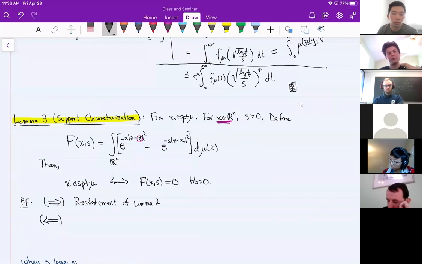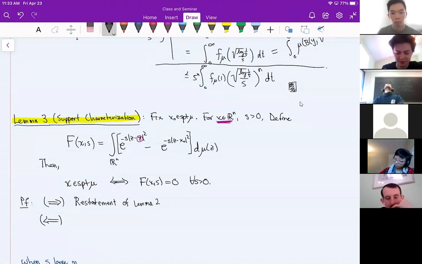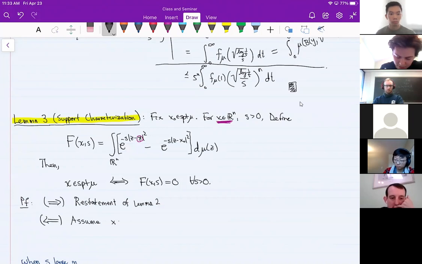And in the other direction, what am I doing? I'm saying that F is equal to 0 for all s, and I want to show that x is in the support. The way we can do that really is to take the contrapositive. So assume x is not in the support of mu.